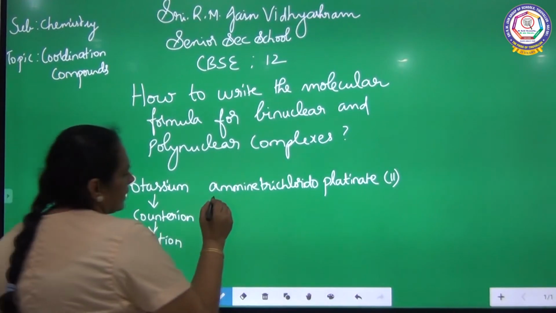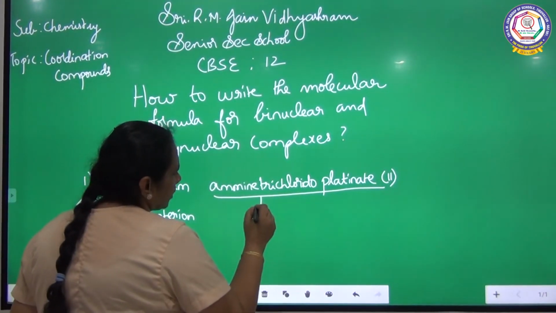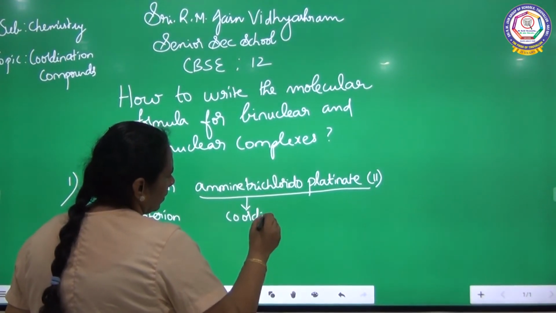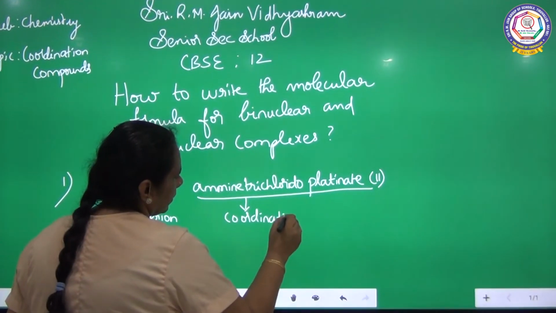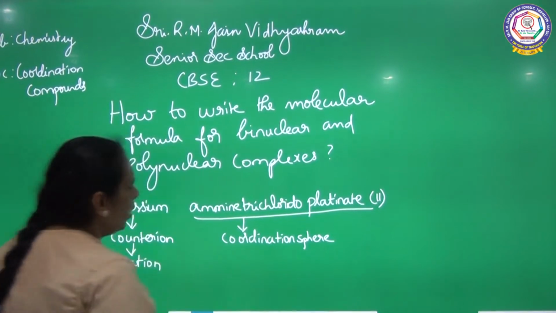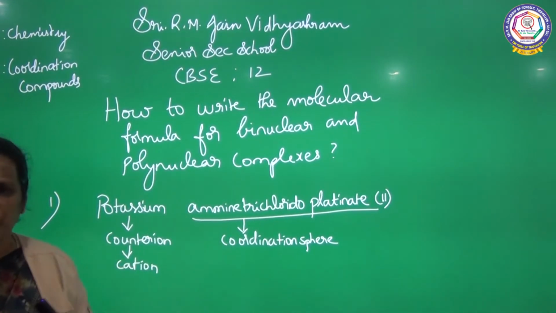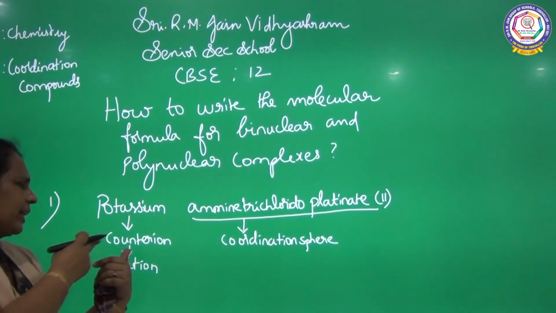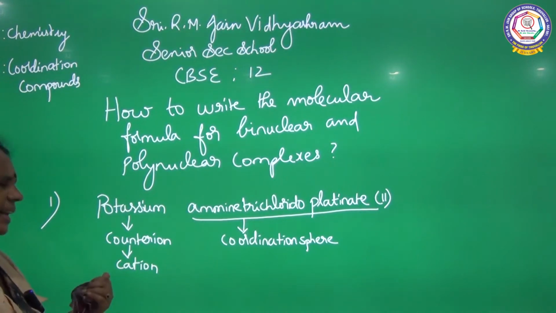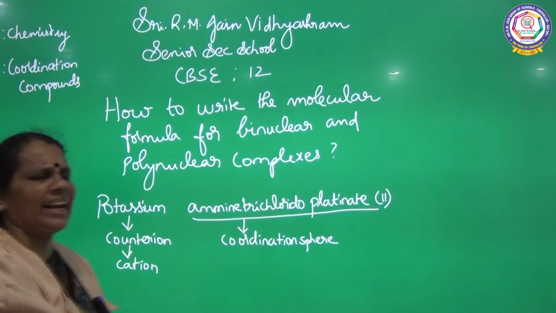And you underline this part, which is the coordination sphere. So first I have segregated the counter ion and the coordination sphere. In my compound, potassium is the counter ion, a positively charged ion.